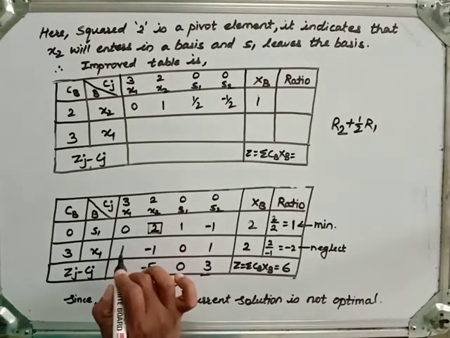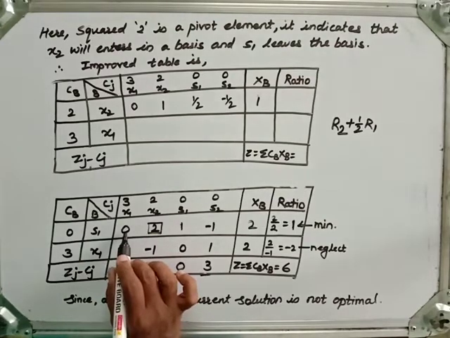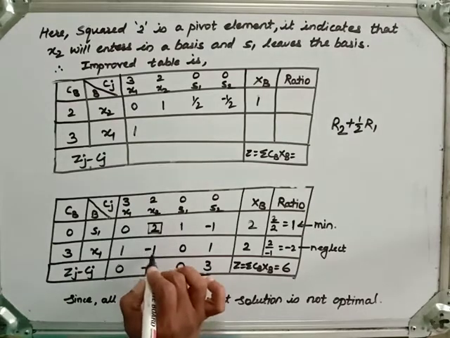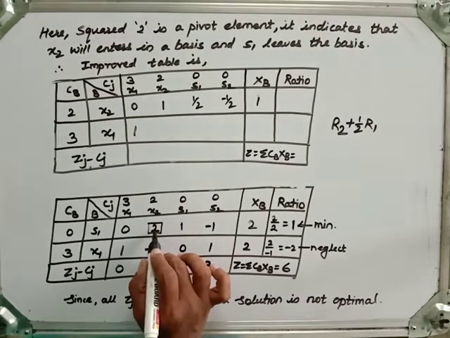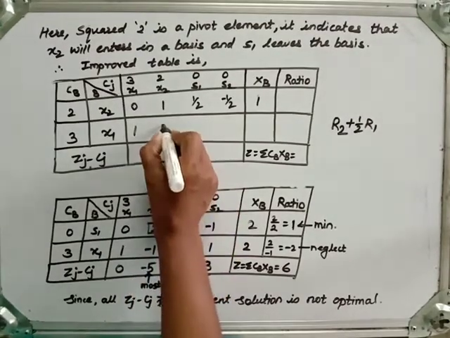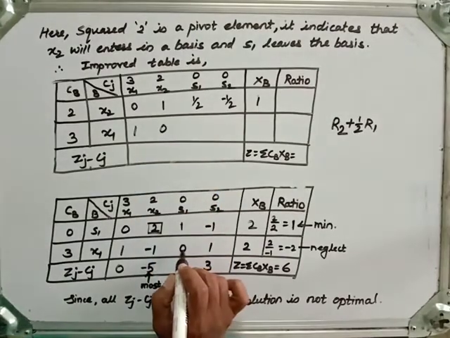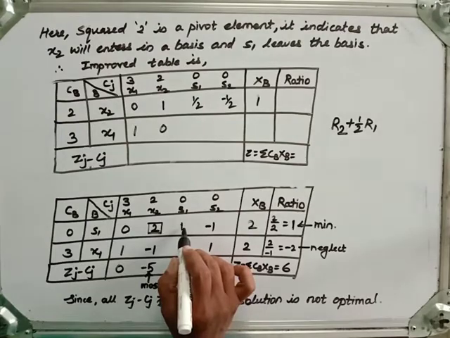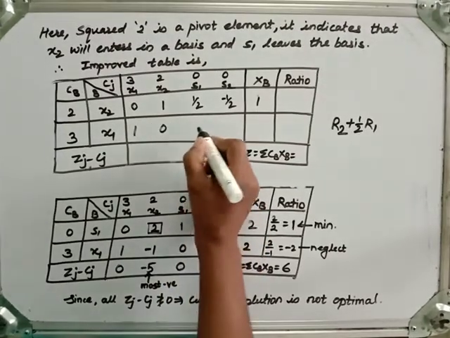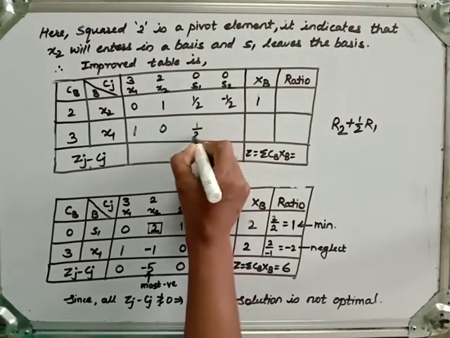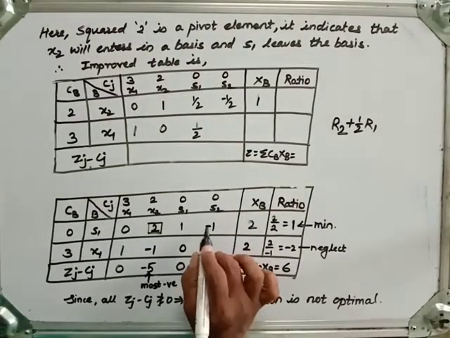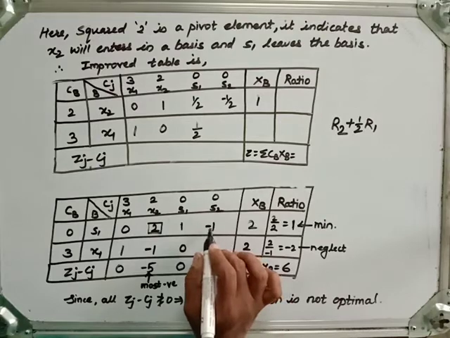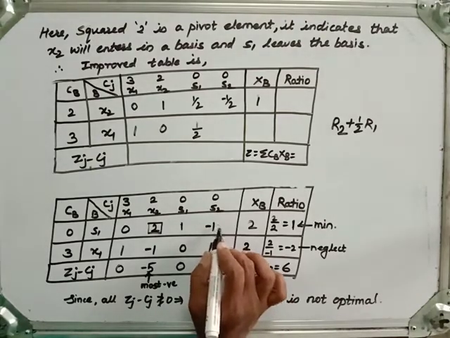So 1 plus minus half times 0. So I will get 1 as it is. Minus 1 plus half times 2 will be 0. 0 plus half times 1 will be half, and 1 minus half times minus 1 into half.